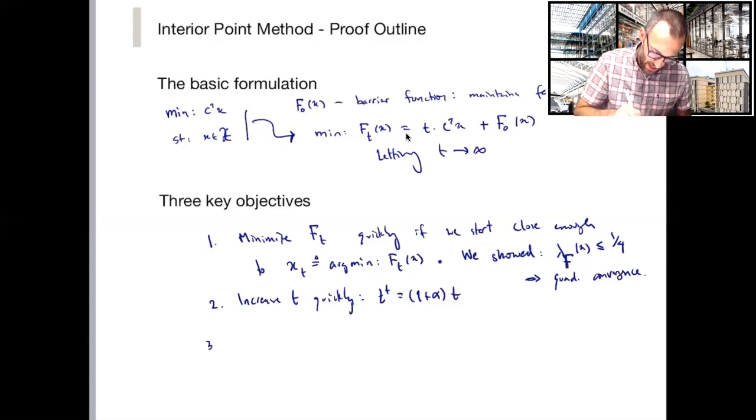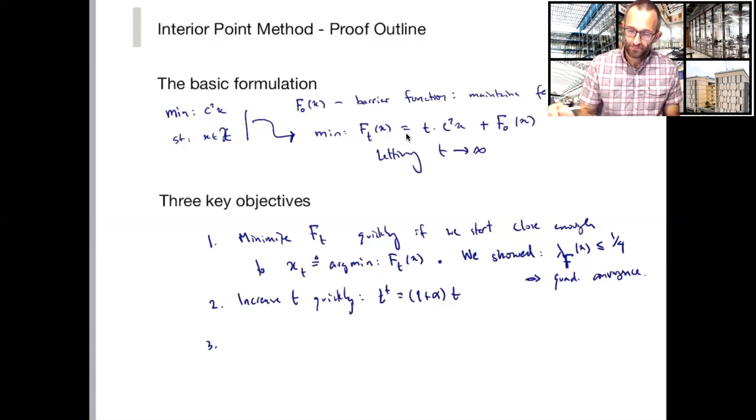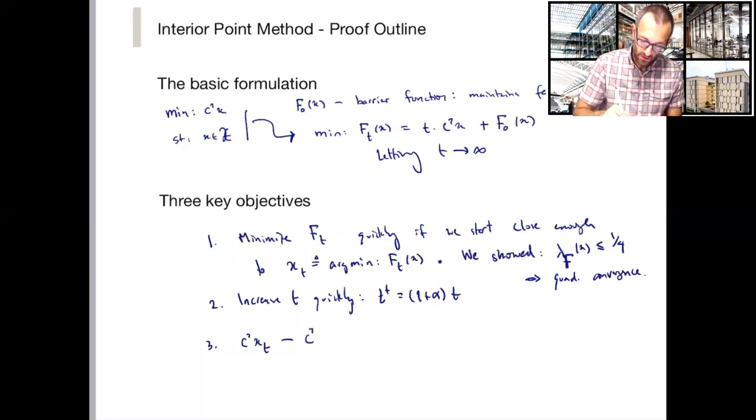And then finally, we need to show that c transpose xt is close to c transpose x star, the optimal solution of the LP. So I need to show that this is small.